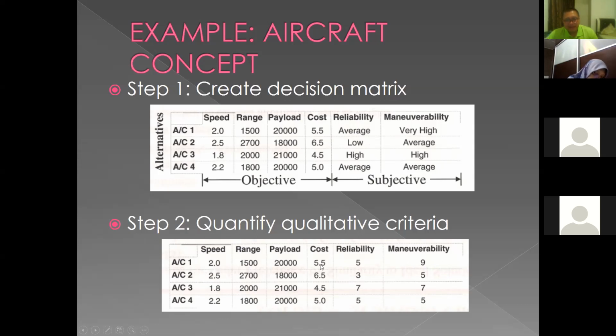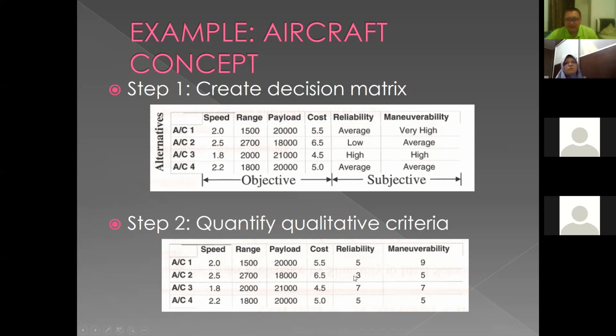The numbers are the same for columns 2, 3, 4, and 5. However, the last 2 columns were previously in words, so we need to change them into numbers. I believe it is rating from 1 to 10, and average is of course 5.